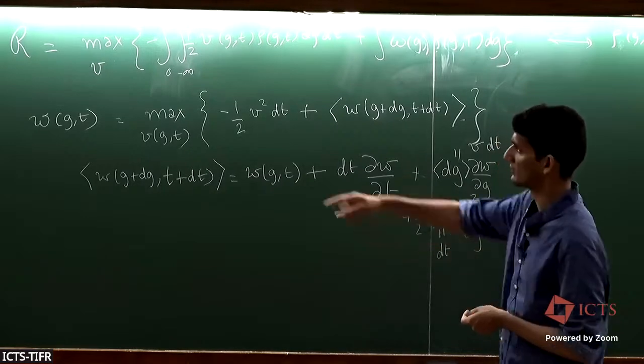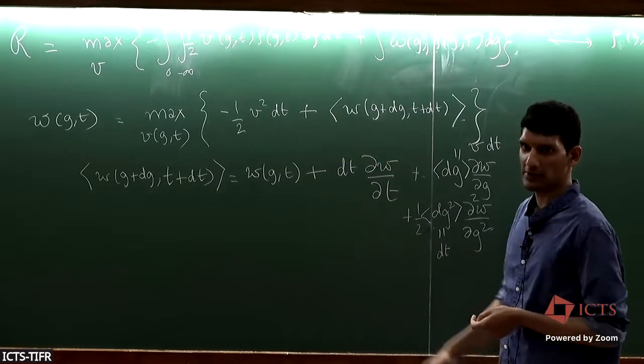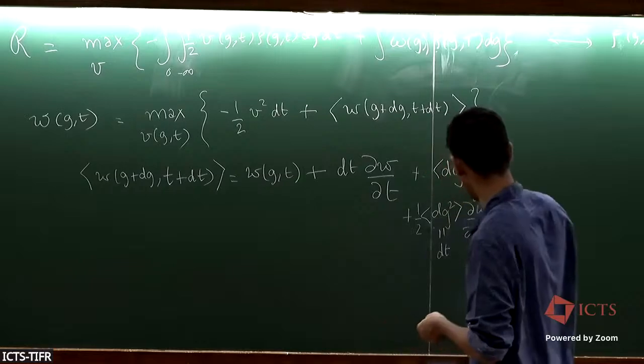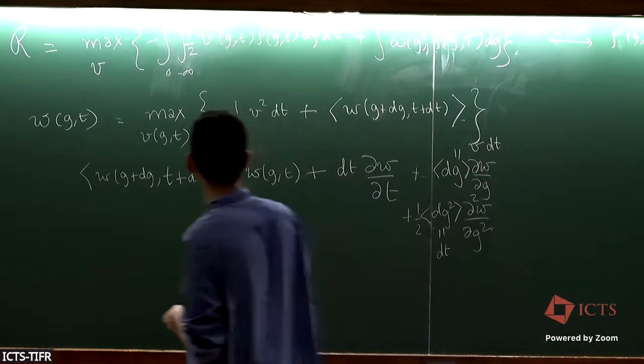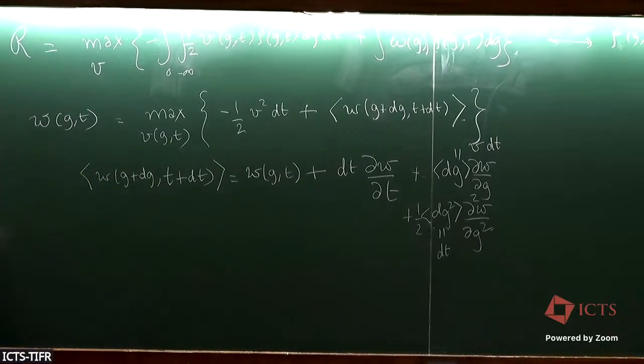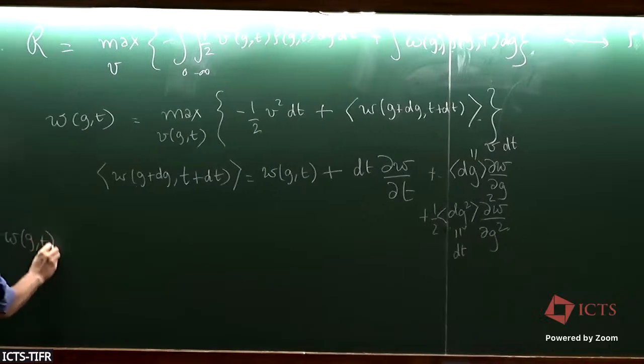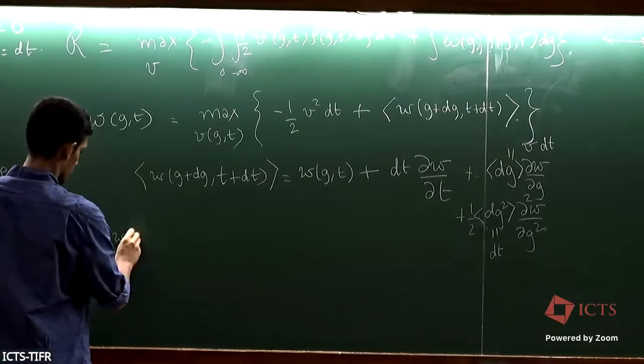And you just square the left-hand side over there, take the expectation, and you get a dt over here. Now you can take the dt outside. You can plug this back in over here. So you get W(G,t) is equal to W dt.